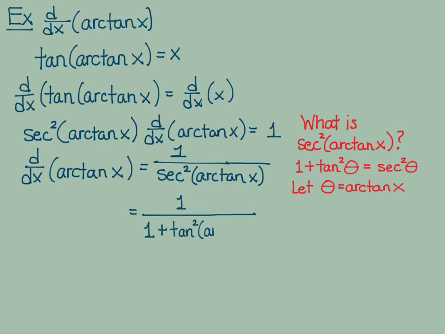If we do this, we get 1 over 1 plus tangent squared of arctan of x. I just replaced secant squared with 1 plus tangent squared, and I replaced theta with arctan of x. Thankfully, tangent of arctangent of x is just x, so I'm left with 1 over 1 plus x squared. This is the derivative of arctan of x.